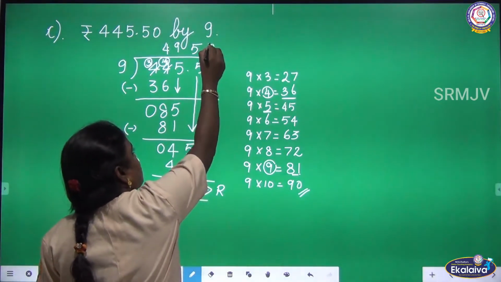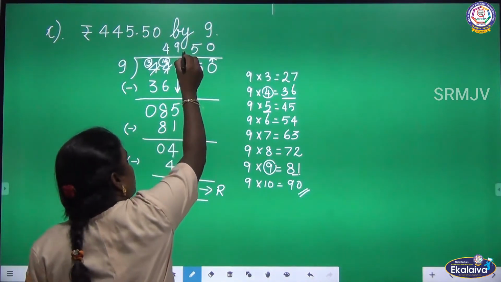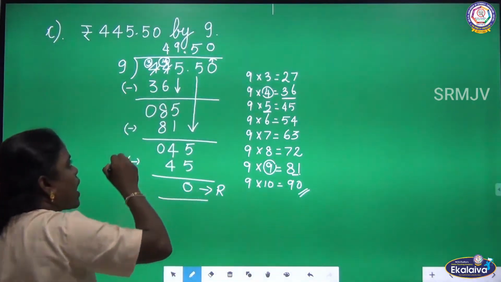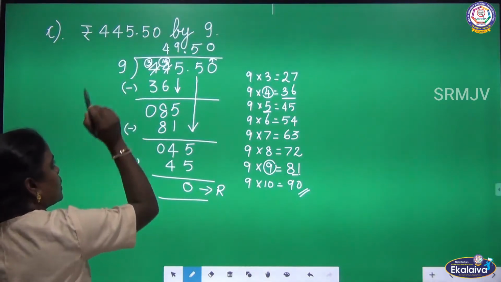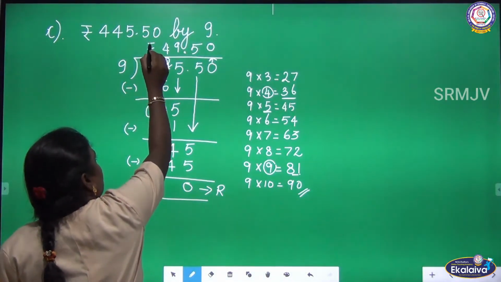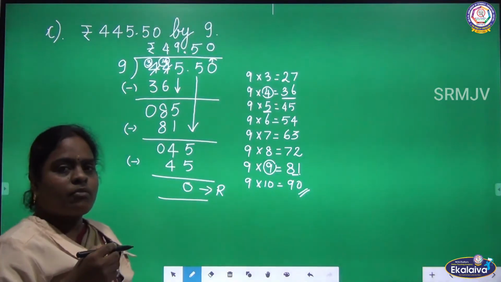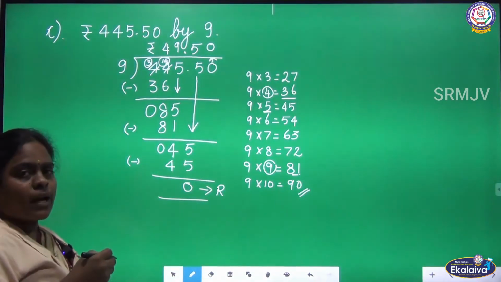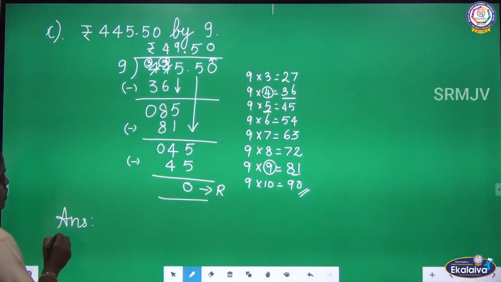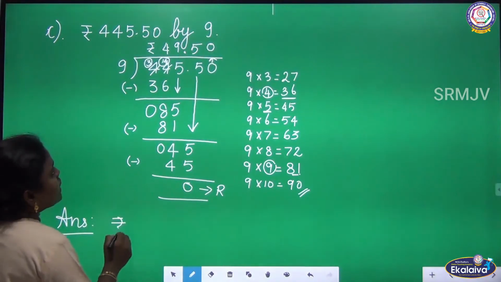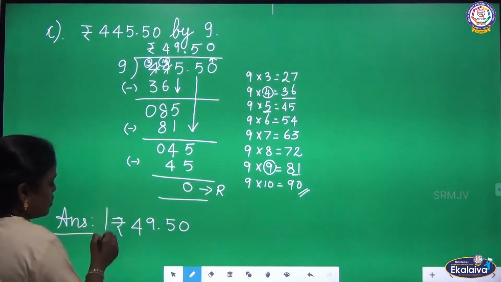So directly I am going to write it in the quotient. At last you have to place a decimal point before 2 digits from the right in the quotient. So here look at the answer. If you divide the amount 445 rupees and 50 paise by 9, you can get 49 rupees and 50 paise.